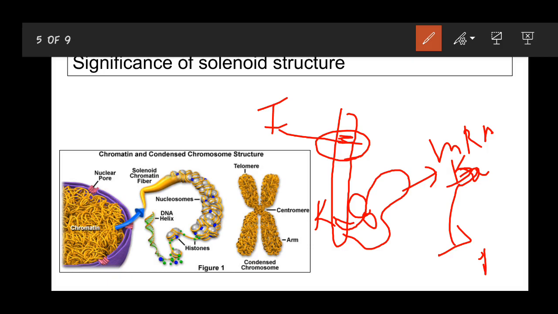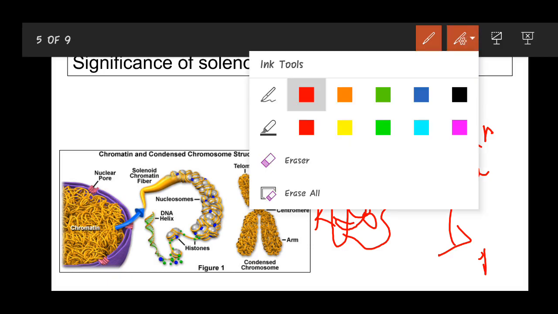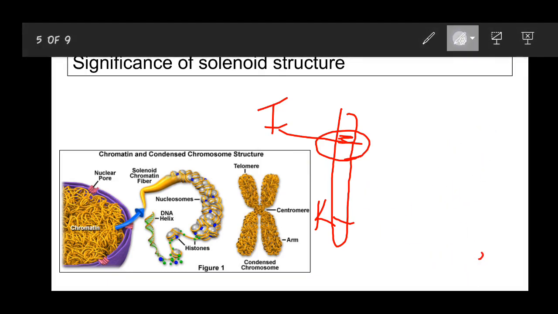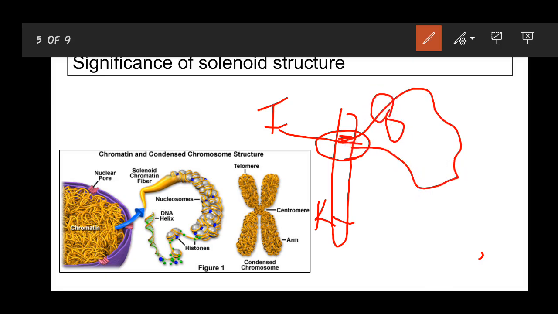As a result, this particular keratin site, if I erase this, in a pancreatic cell, this particular DNA region will loop out, RNA polymerase will bind, produce mRNA, and that mRNA will be the mRNA for insulin, which will happen only in the pancreatic cell.